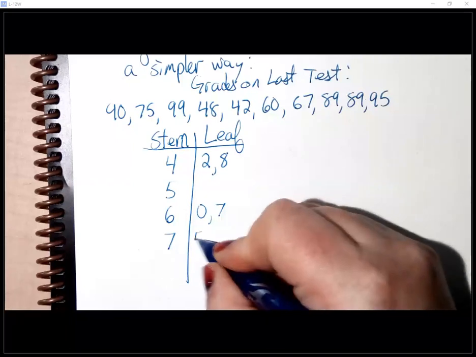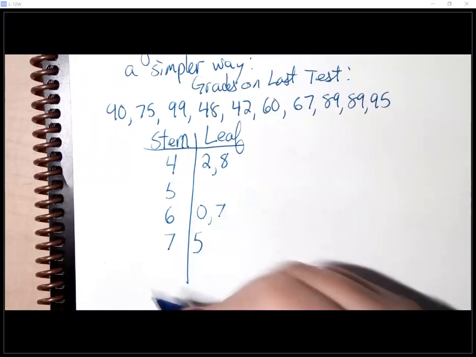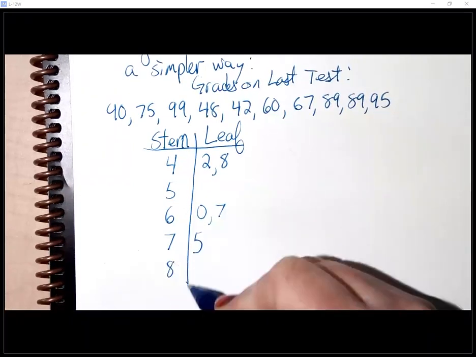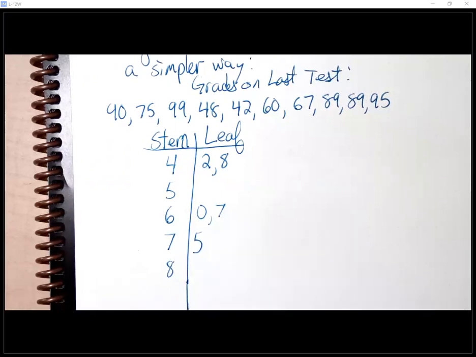And then for the 80s. This is interesting because I had 2 of them that were both 89. Do I need to put that leaf in there twice? What do you think? I'm going to go with a yes. Why?